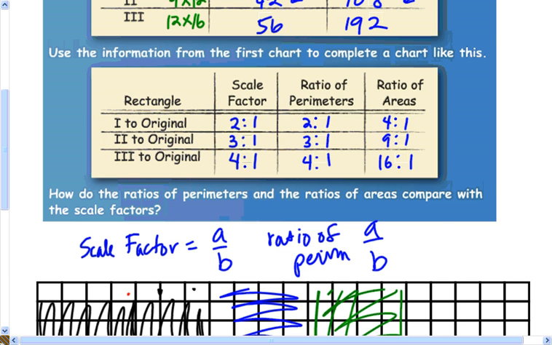But our ratio of areas, and notice this here, is the ratio of the scale factor squared. So if the scale factor is 2 to 1, then the ratio of areas is 4 to 1. When the scale factor was 3 to 1, the ratio of areas was 9 to 1. So we're going to say it's a squared over b squared. All right?